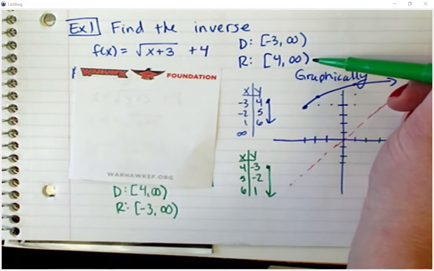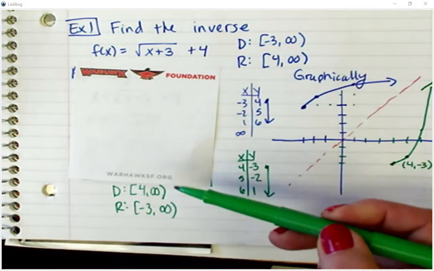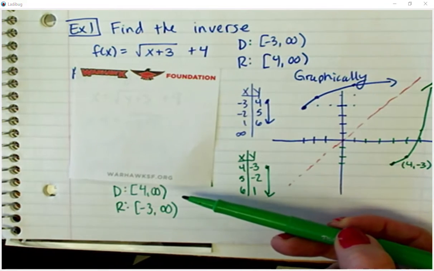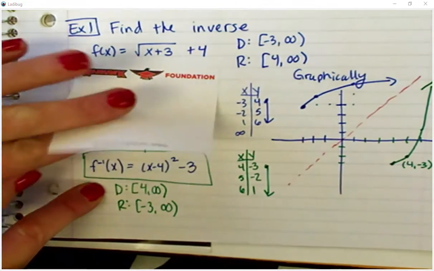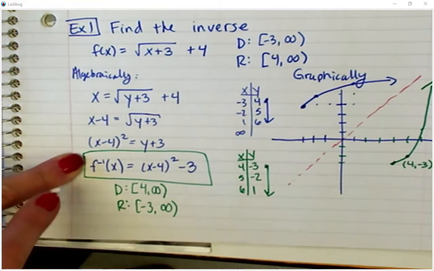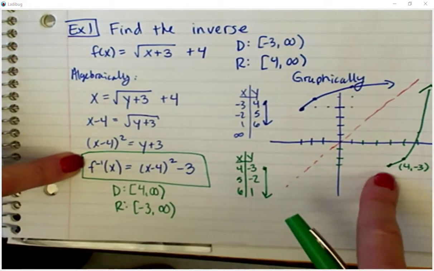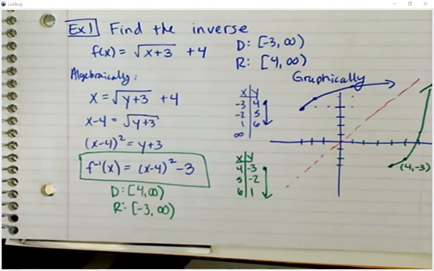If the range of the original describes y's, then it will switch and describe the x's. It's called a restricted domain because algebraically you got too much of an answer, right? You got too much. This is a whole parabola. I only wanted half a parabola. You have to figure out which half. How do you figure out which half? You look at the picture.